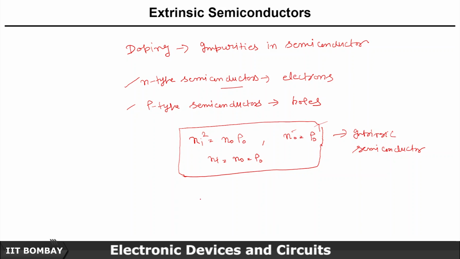The answer is that this law of mass action will be valid in case of extrinsic semiconductors as well. It might appear counterintuitive, but I will show that it is possible. We will talk about why the law of mass action is still valid in case of extrinsic semiconductors, but the condition is that thermal equilibrium has to be maintained.